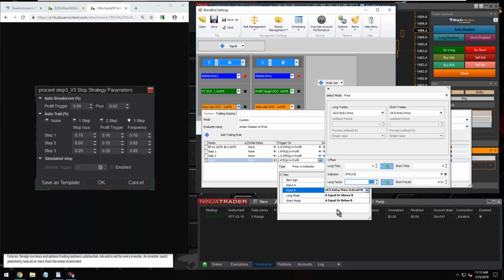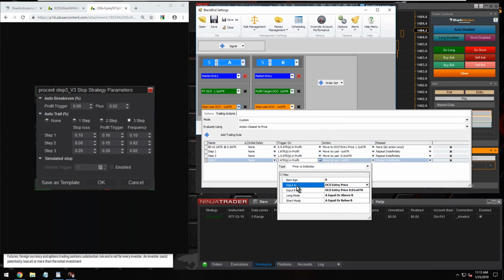So input A is going to be your entry price, and input B becomes a calculated price that is a percentage of the entry price.